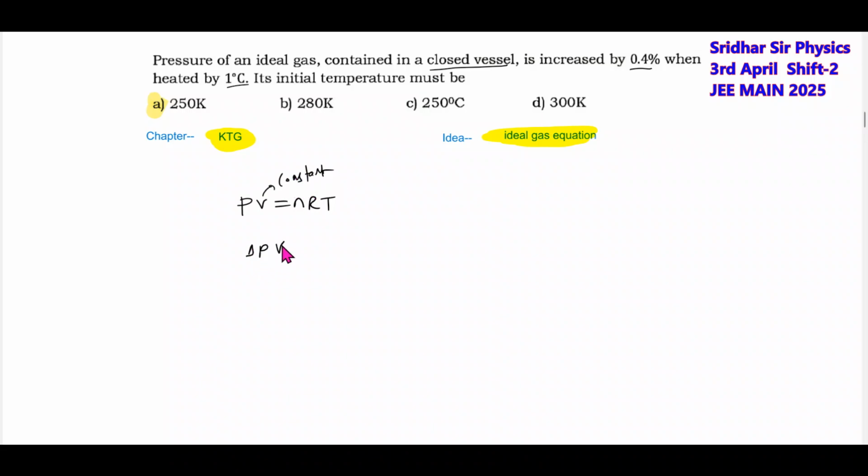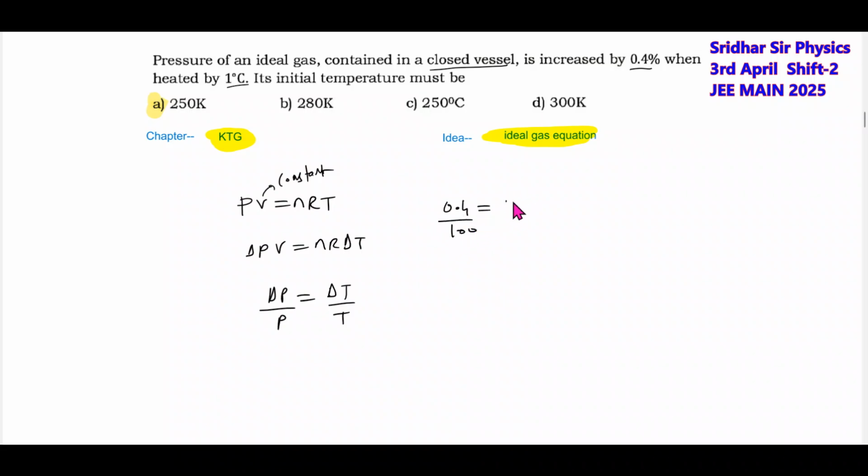Then delta P into V equals nR delta T. Dividing these two, delta P by P is equal to delta T by T. The pressure is increased by what percent? 0.4%. So 0.4 by 100.